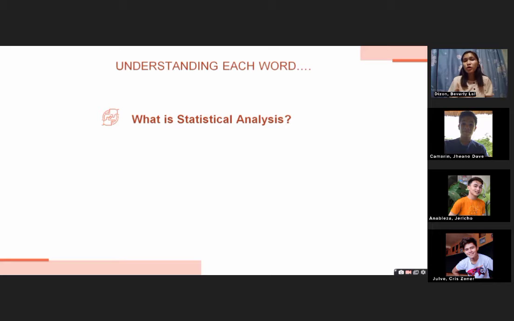So, it is the collecting, exploring, and presenting of large data. And what is calculation? It is a mathematical determination of the size or number of something. In other words, it is the calculation of the data that you collected.